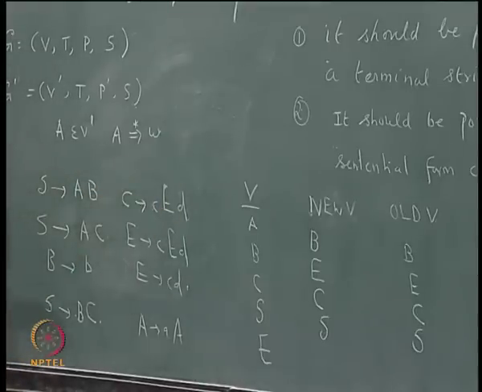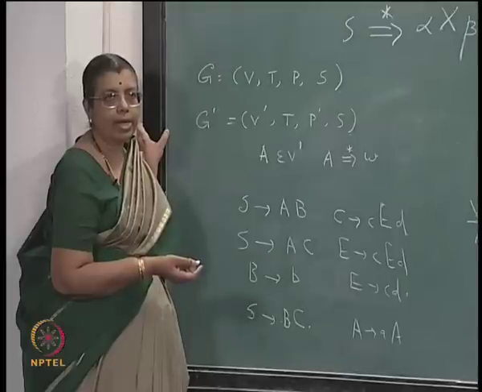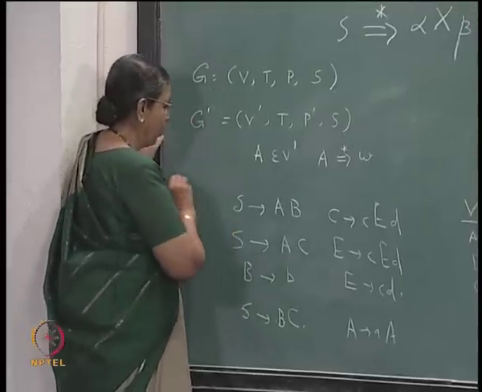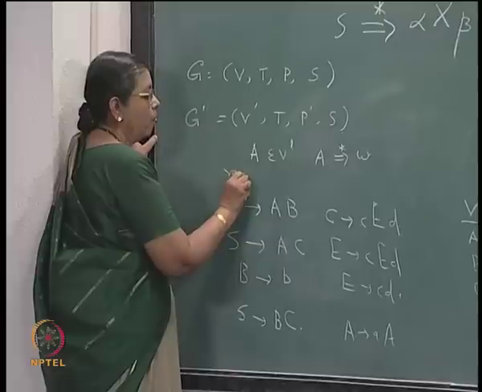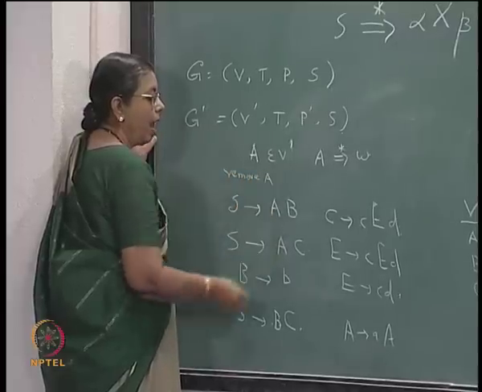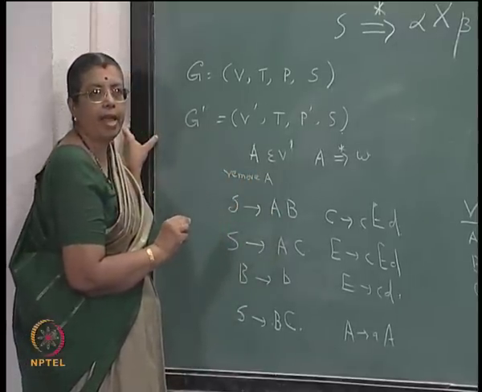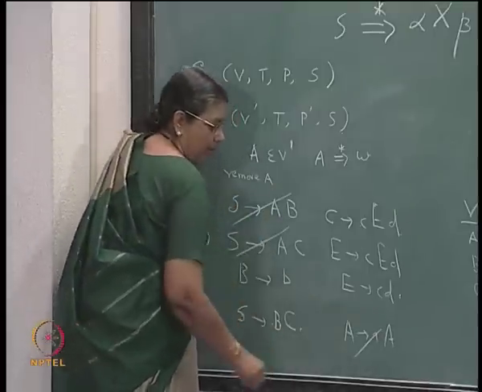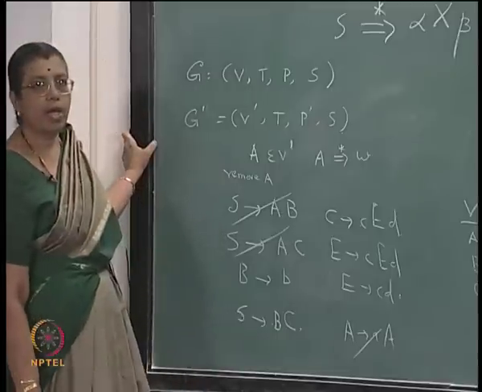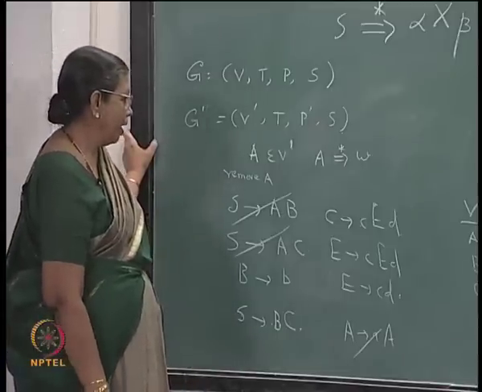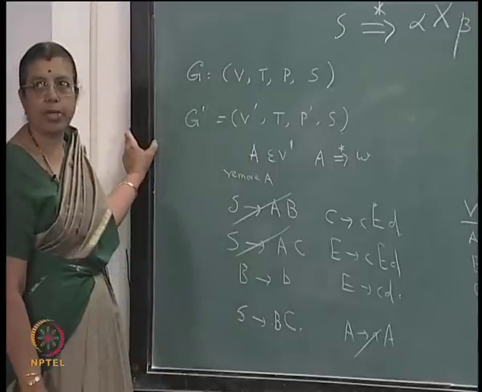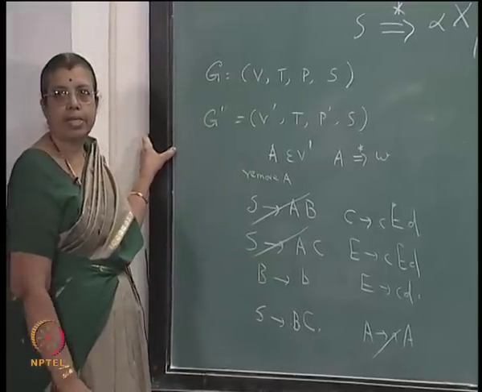So, for the new grammar, you remove the non-terminal which does not lead to a terminal string. Here A does not lead to a terminal string. So, remove A and the rules involving A on the left or on the right. So, remove this rule, remove this rule, remove this rule. Remove all the rules involving A, a symbol from which you cannot derive a terminal string.